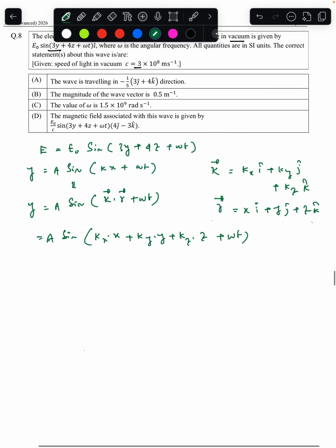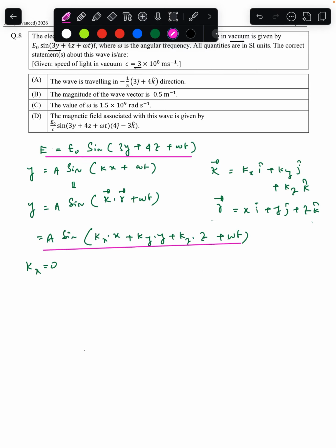Now if you compare these two equations, you can clearly see kx is 0, ky is equal to 3, and kz is coming to be 4. So k vector is equal to 3i cap plus 4j cap.